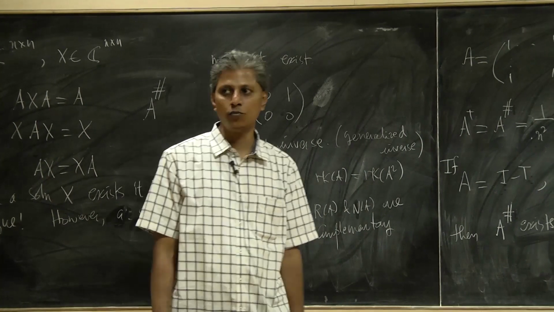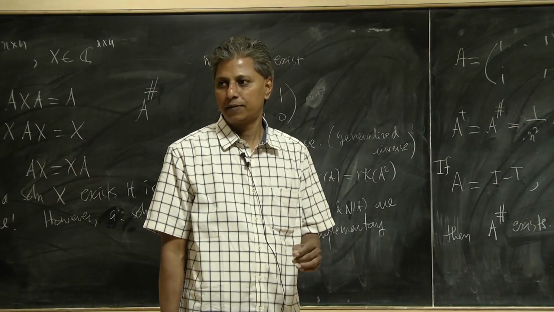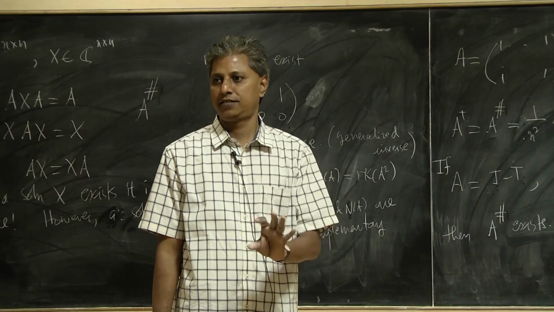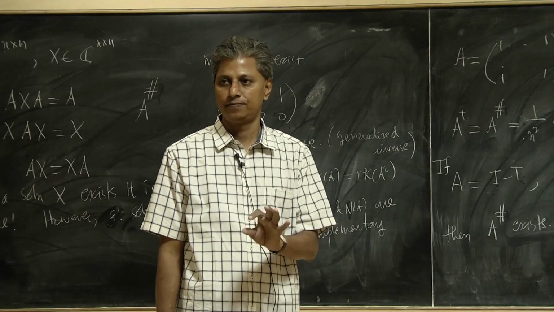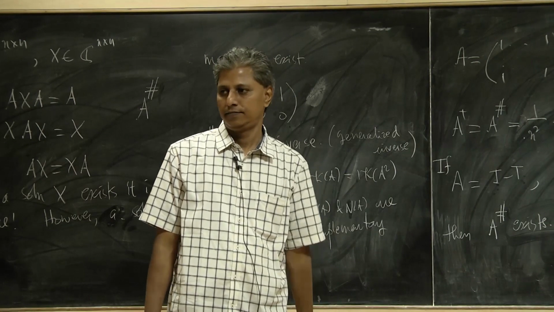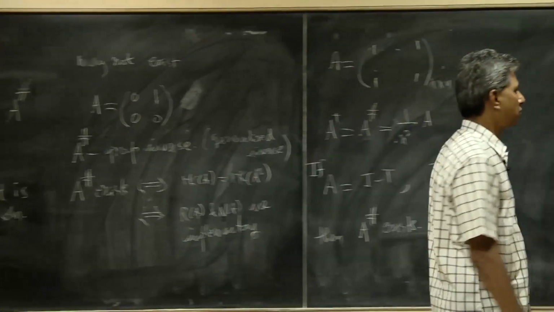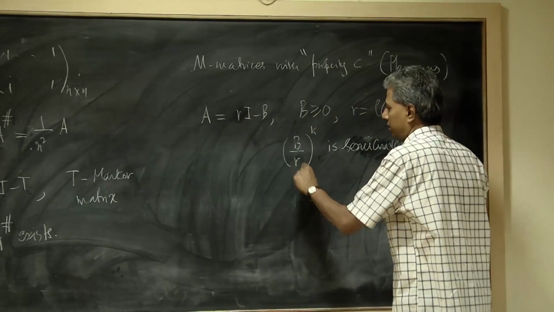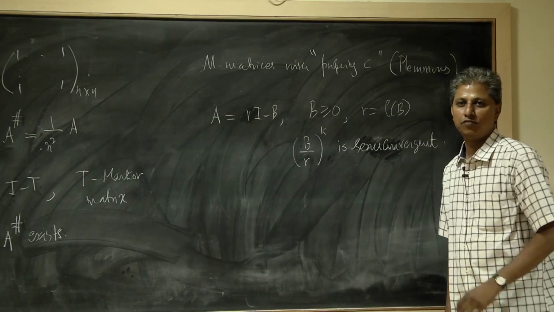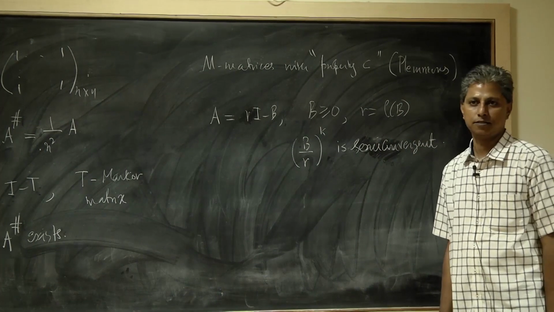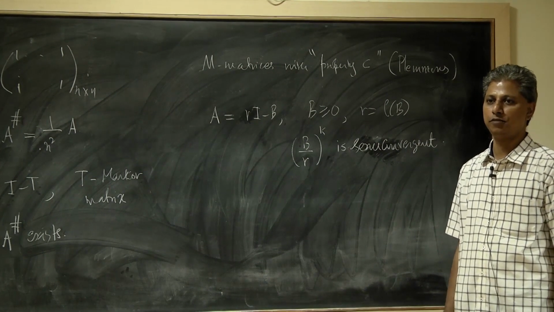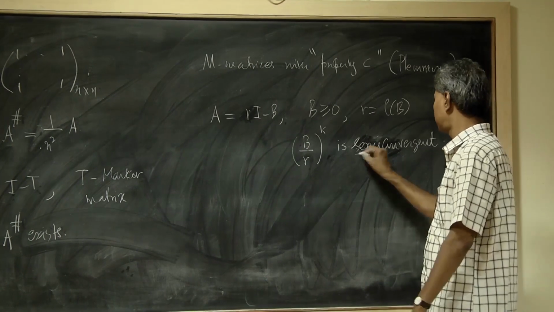Now, if R is strictly greater than the spectral radius of B, then B by R converges to 0. Here we are not asking B by R to converge to 0. We are asking that to converge to a possibly constant matrix. The constant matrix may not be 0. This is called semi-convergent.